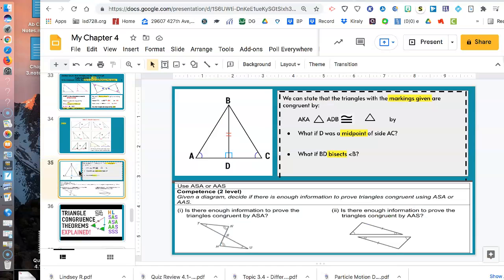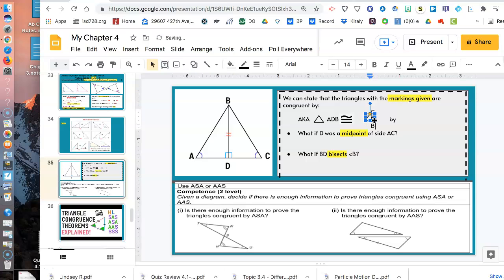This is a best case scenario because with the markings given, I've got angle, angle, side. I've got purple angle, blue angle, red side, matching purple, blue, red, angle, angle, side. So I could just stop and say that triangle ADB is congruent to triangle CDB, match those corresponding parts.